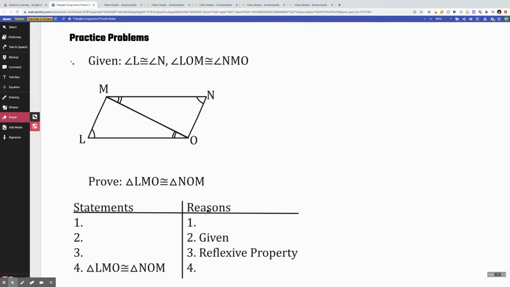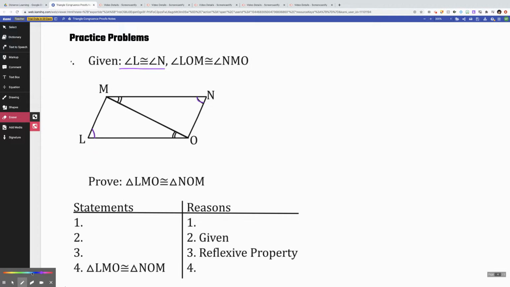Okay, so in this first one, I have some given information, which is already marked very nicely for me on the diagram. I have angle L is congruent to angle N, marked in purple here.